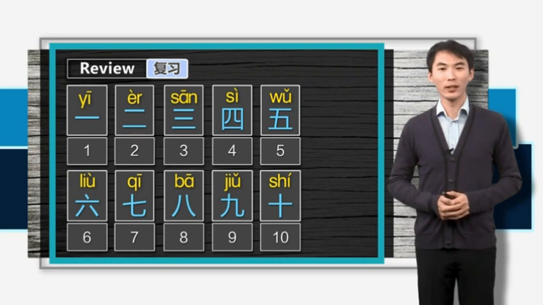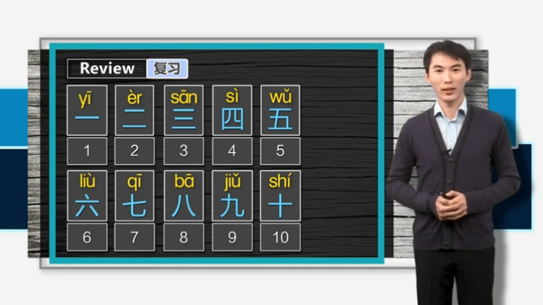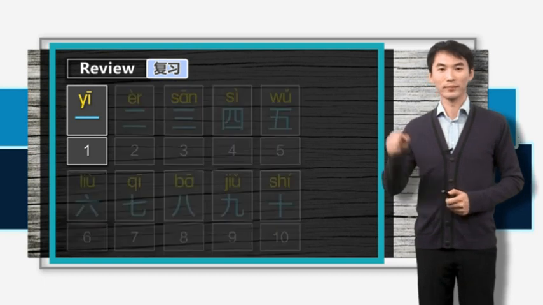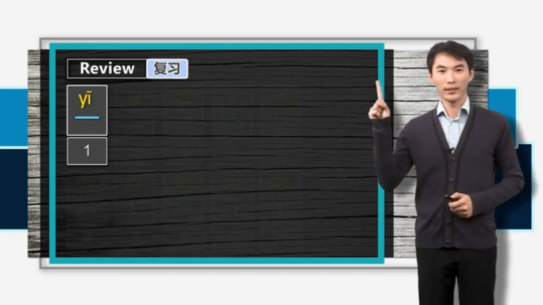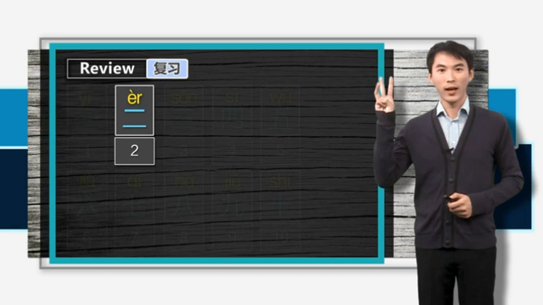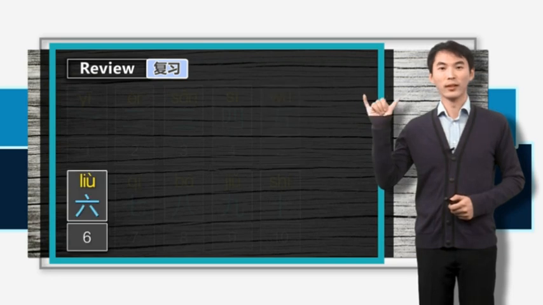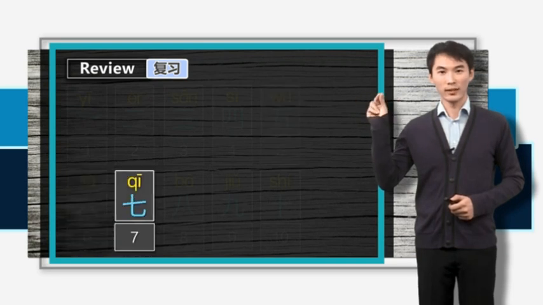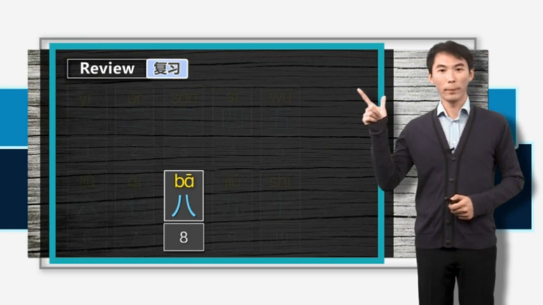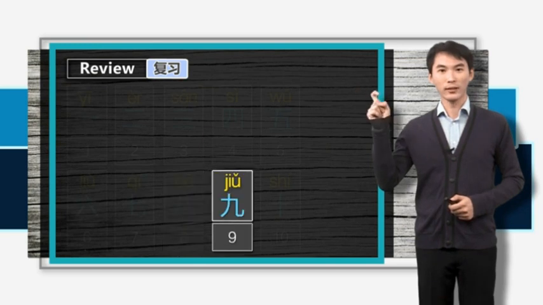Today, we have learned how to use the gestures to express numbers from 1 to 10. Do you still remember? Let's practice one more time. 1、2、3、4、5、6、7、8、9、10.